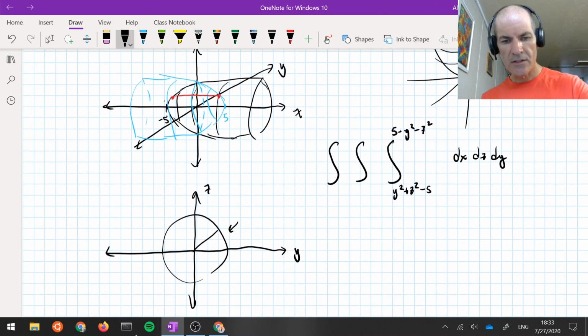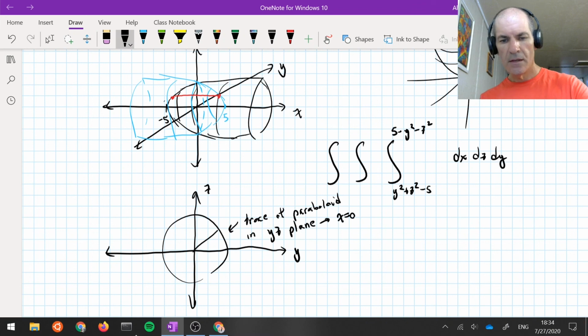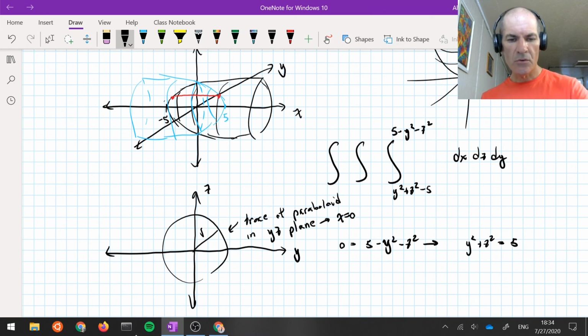So this is the trace of the paraboloid in the YZ plane, and that's the same as setting x equal to 0. Doing that, we get 0 equals 5 minus y squared minus z squared, which you may recognize as the equation of a circle. Y squared plus z squared equals 5. That's a circle of radius root 5.